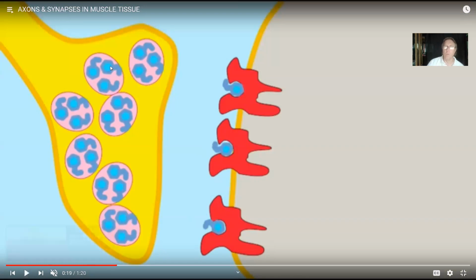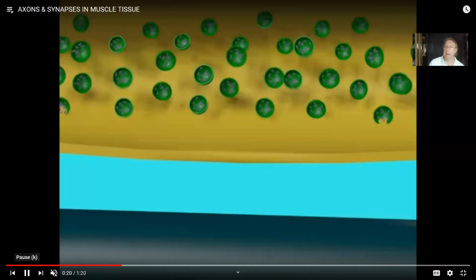And so now what was an electrical message traveling on cell number 1 has been continued as an electrical message, which will spread along cell number 2, the muscle cell, because the neurotransmitter crossed the synaptic cleft and it stimulated that muscle.